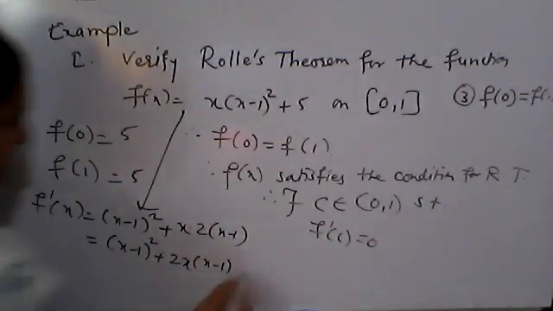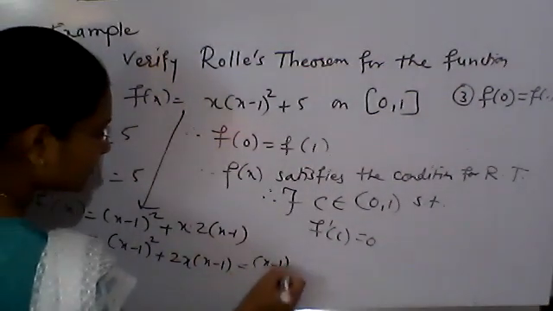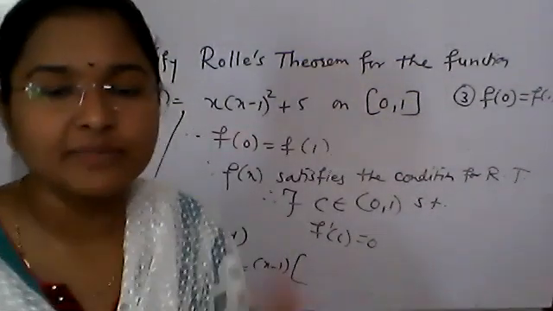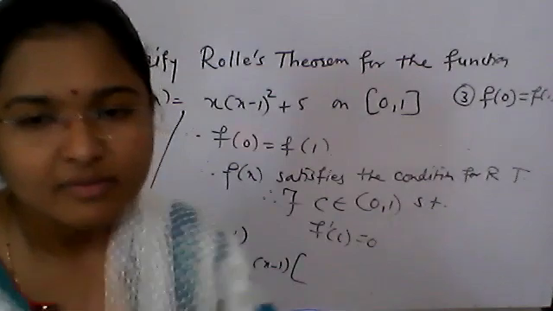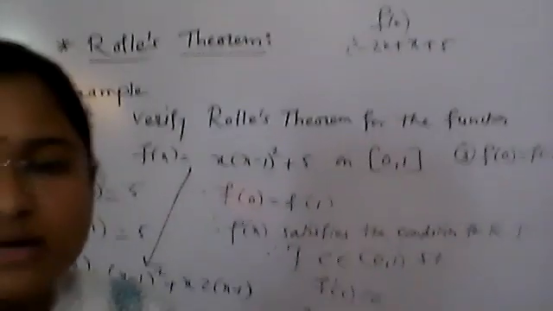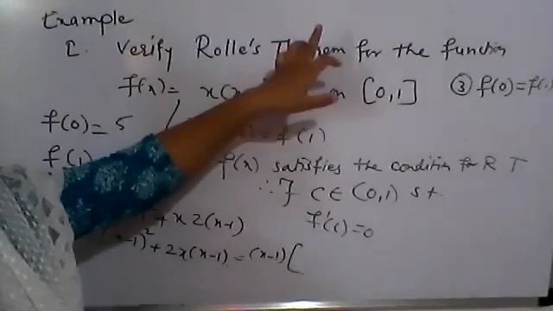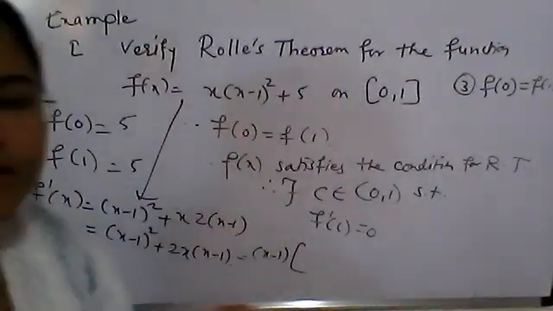We can take out x minus 1. Ma'am, why did we do this? You could have just expanded f of x and then differentiated it. That would be easier. See, Utkarsh, no need to expand this also. By using this function also, you can find this. You can take that also. But we have to find the value of C.